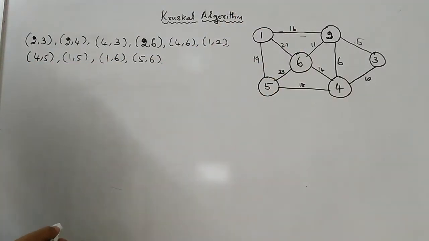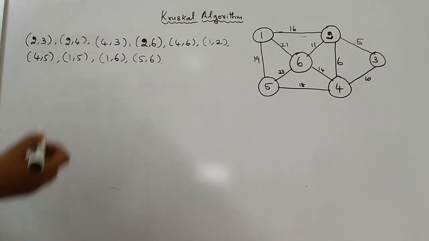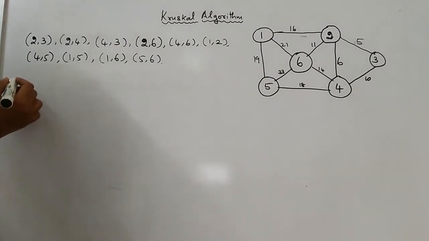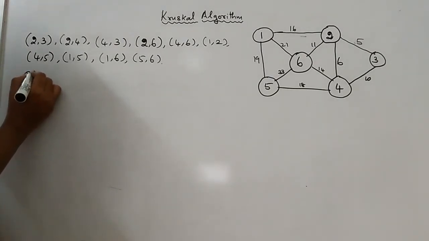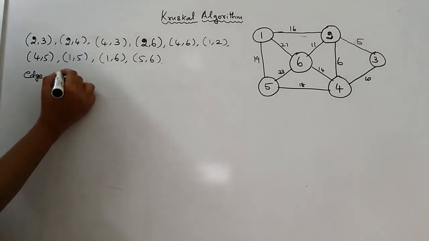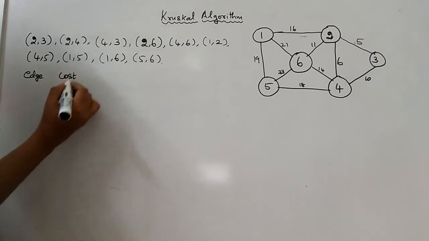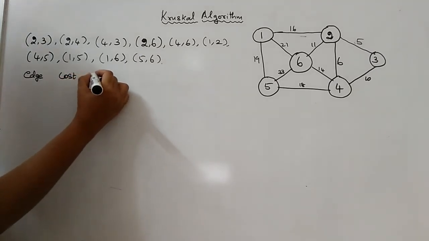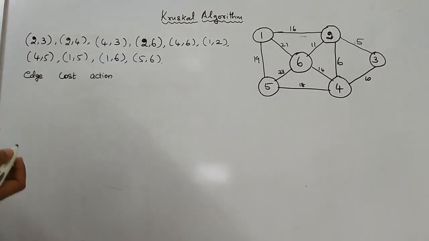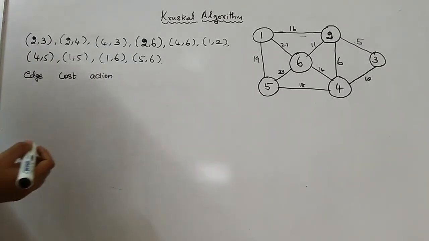After writing all these things, what I'm going to do here is tabulate the values. First I'm going to write the edge, then the corresponding cost for that edge, and then the action to be carried out: am I going to accept that edge or not?